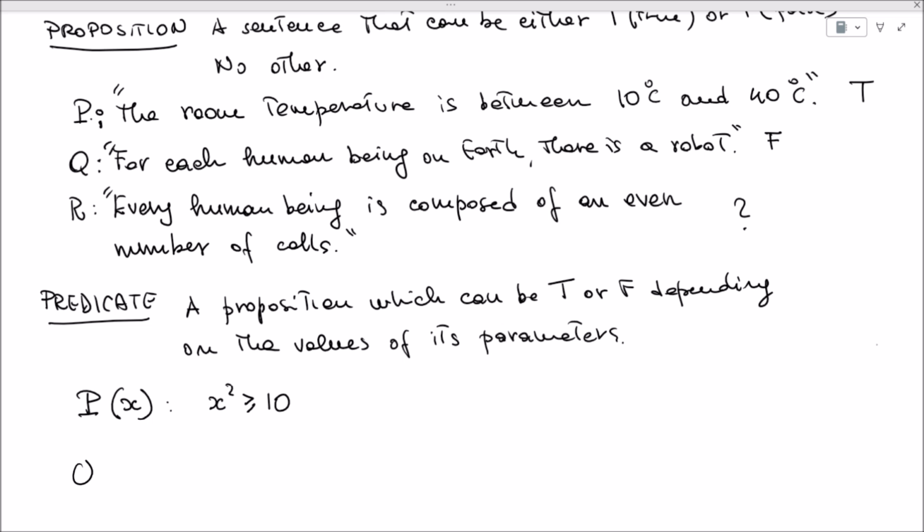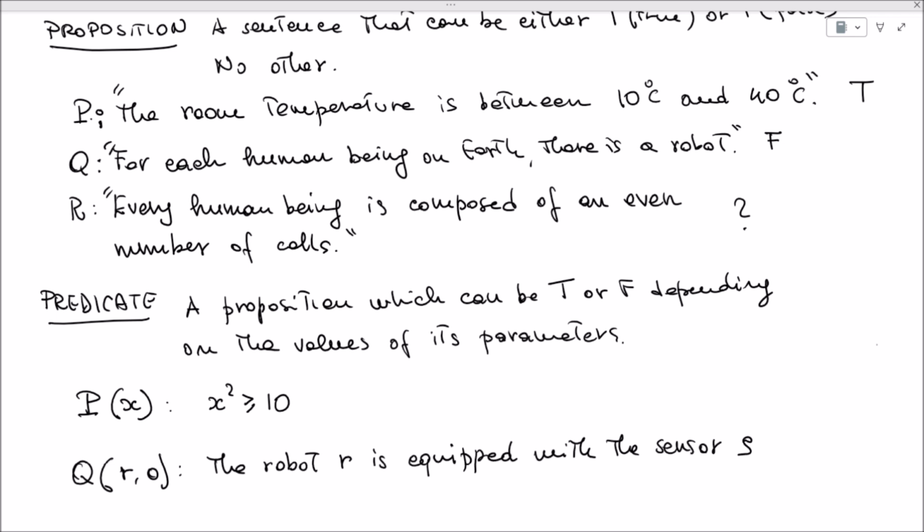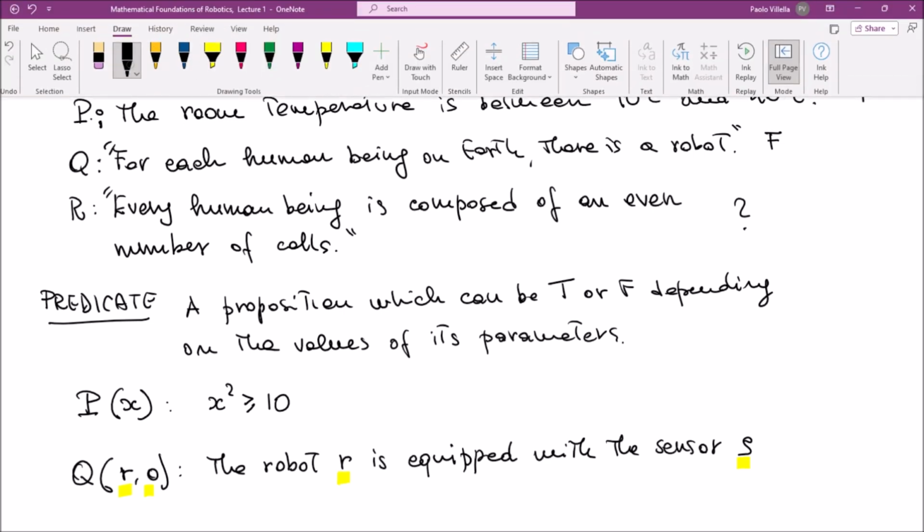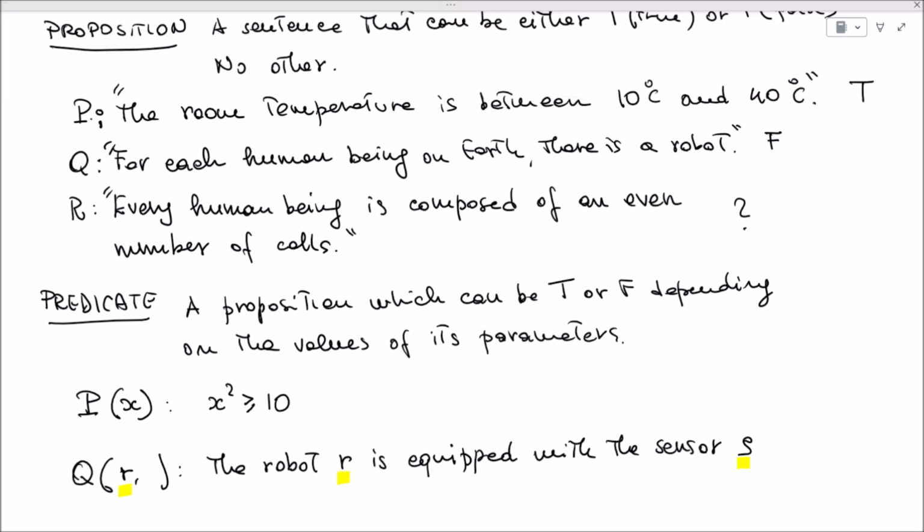For example, consider the following predicate: Q of R, S. The robot R is equipped with the sensor S. Now we have R and S, which act as parameters for the predicate Q of R, S. So we have a predicate that depends on two parameters.